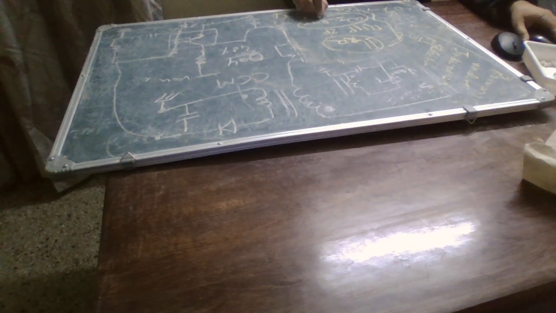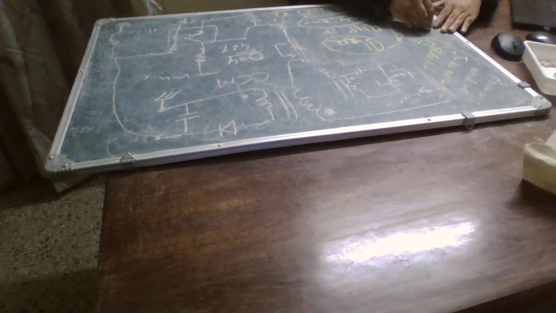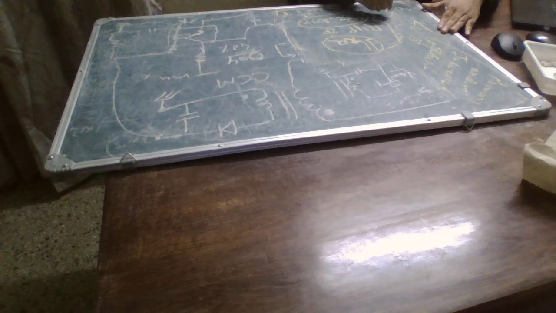And the right half plane zero should be placed at high frequency, allowing for a higher crossover frequency of the control loop. And as the relative inductance value of the primary winding decreases, the right half plane zero frequency increases.